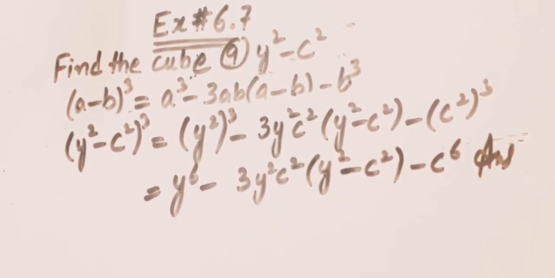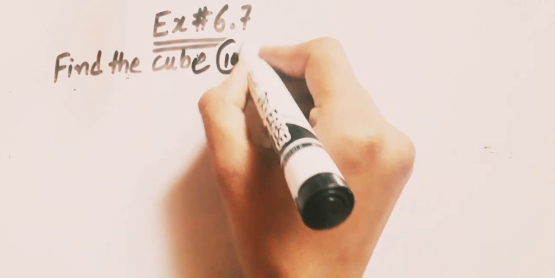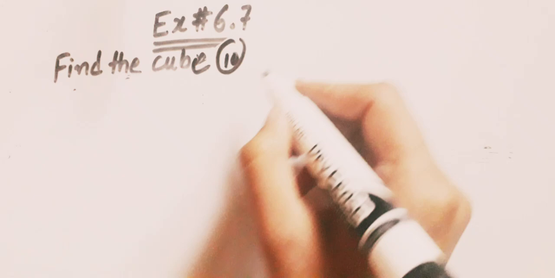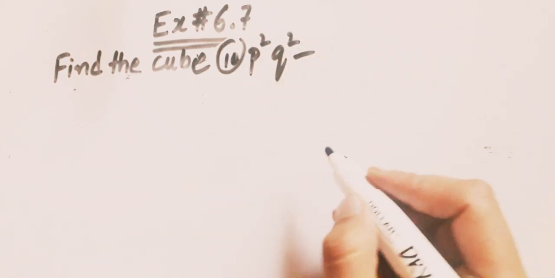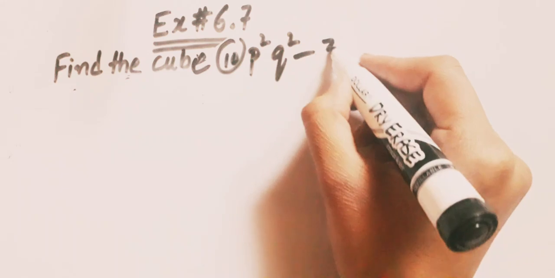Now we will solve question number 10. Now the question number 10 is p square q square minus 3a.